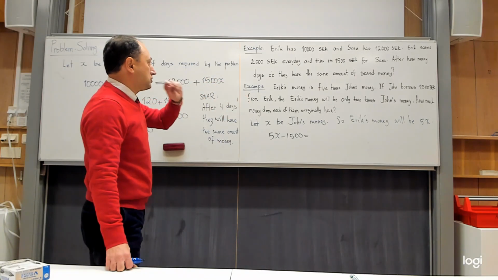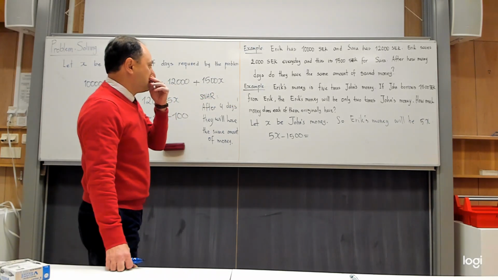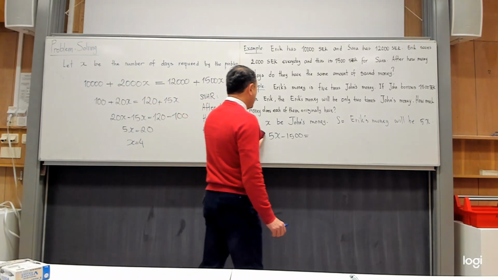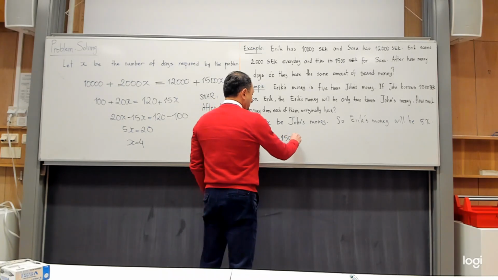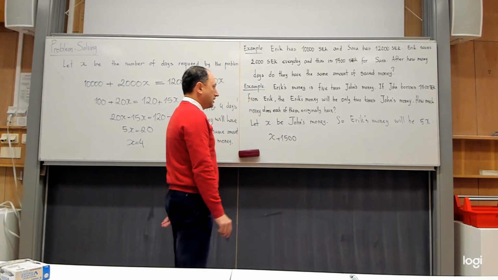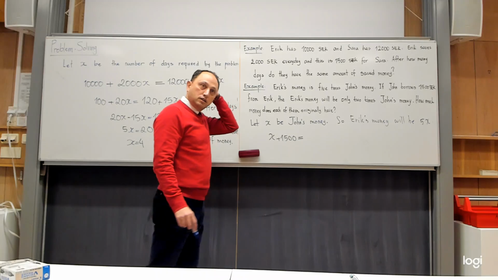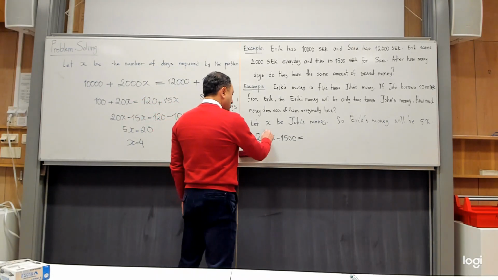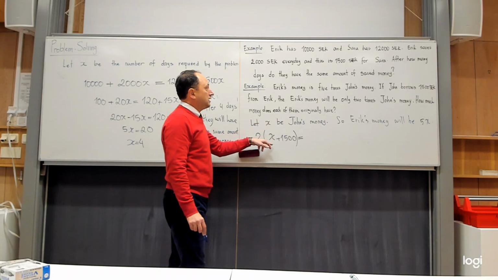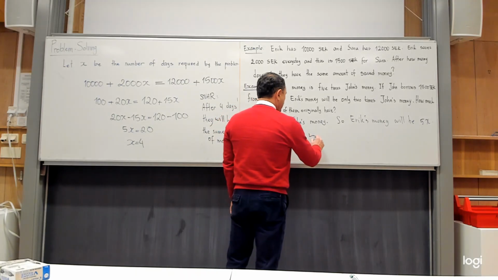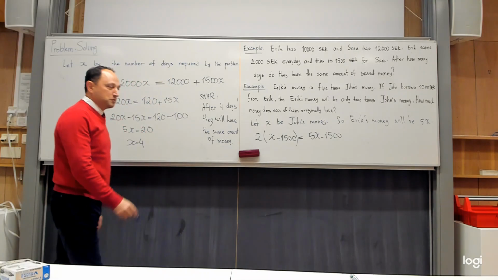But now John borrows 1,500, so the money that John has now is x plus 1,500, yes? Then if I multiply this by 2, it becomes Eric's money. I couldn't explain it right, but this equation is correct.